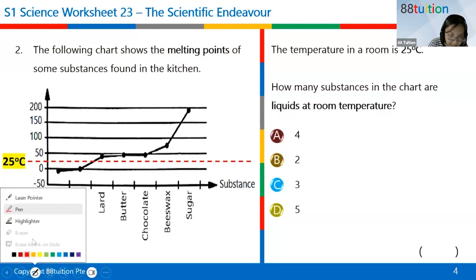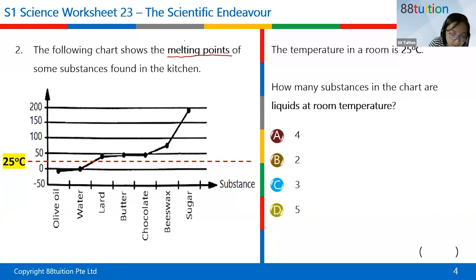All right, melting is solid to liquid. Solid melts to become liquid. That is melt. Okay, so olive oil will melt at 0 degrees Celsius. Water will melt at 0 degrees Celsius.